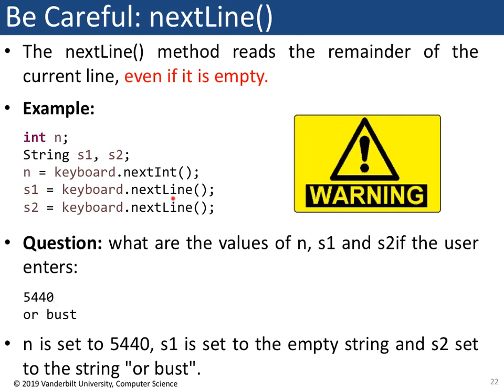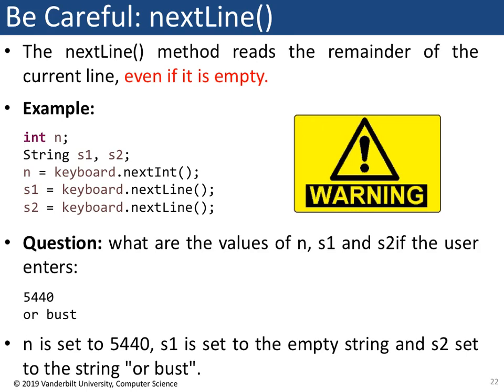So when we call nextLine, it will begin to read the input stream until it finds a carriage return. Well, the very first thing it finds is a carriage return. So it's going to return everything it read up to that point in a string value. It read nothing, right? It found no characters before the carriage return.